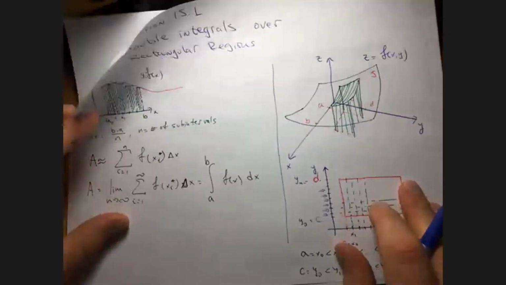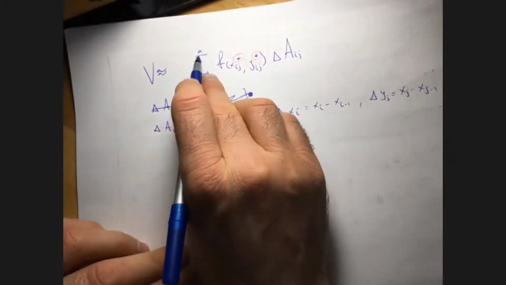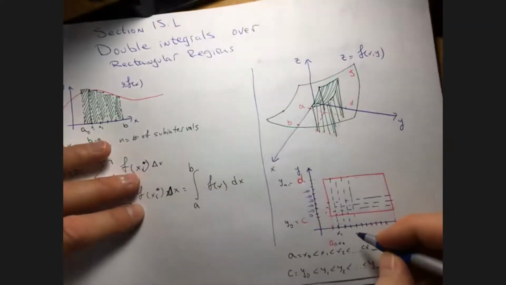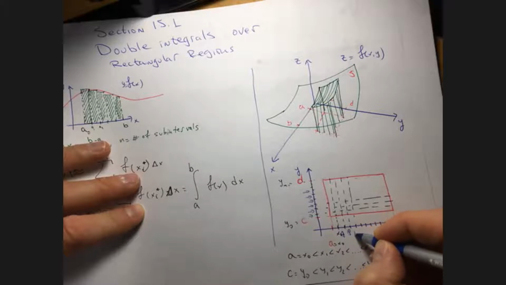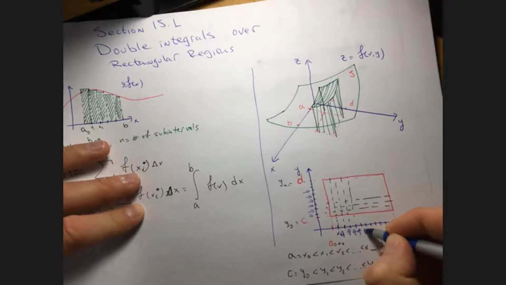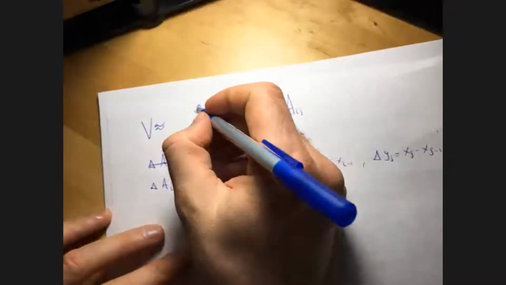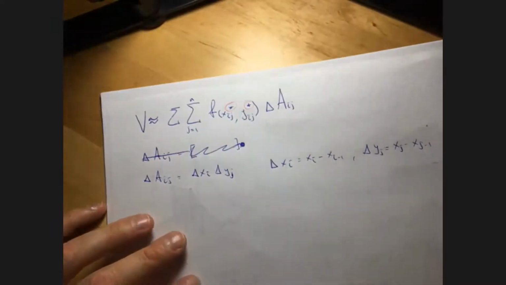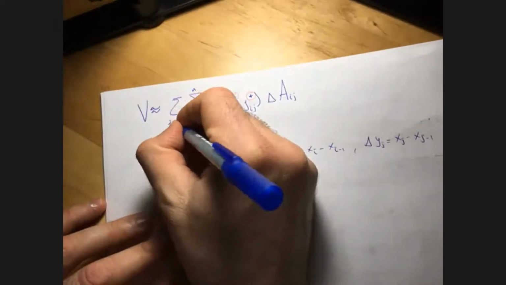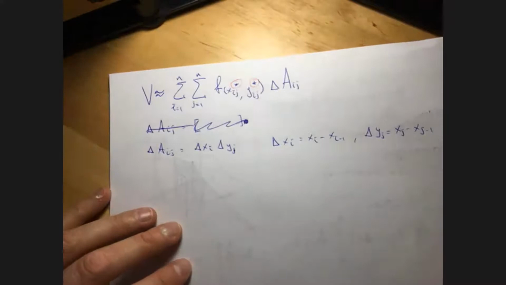That's why here it says sum all the terms from 1 to n. But then we have to sum them up for each of the subintervals along the x-axis. So that means sum them up when i goes from 1 to m.